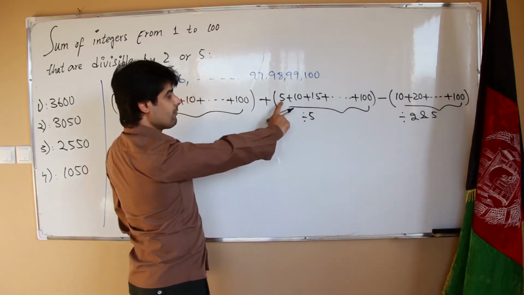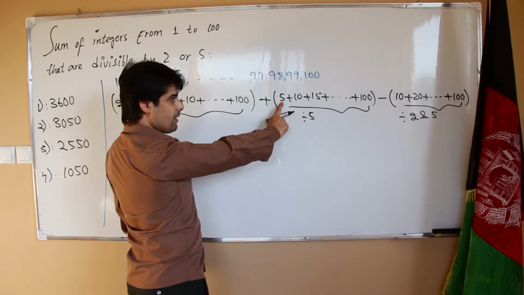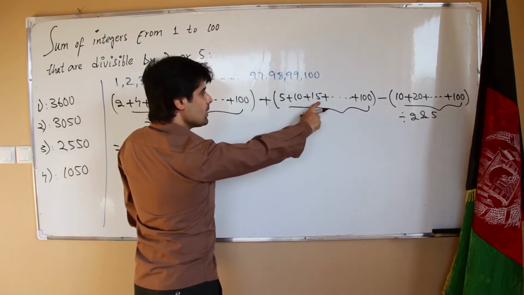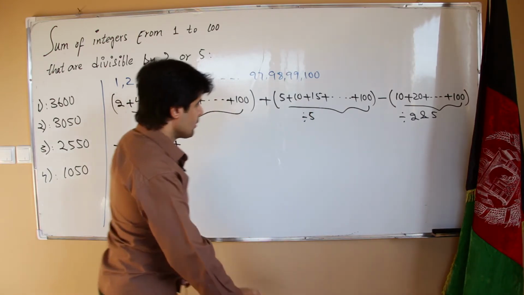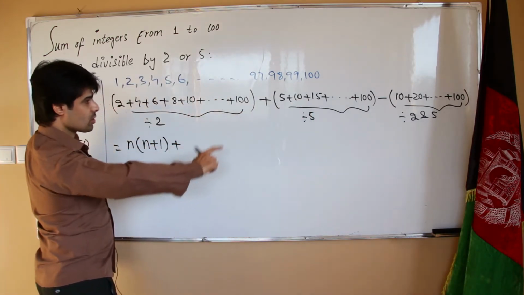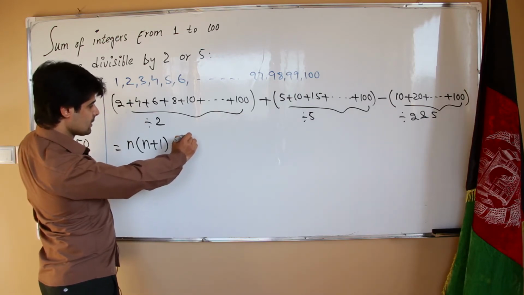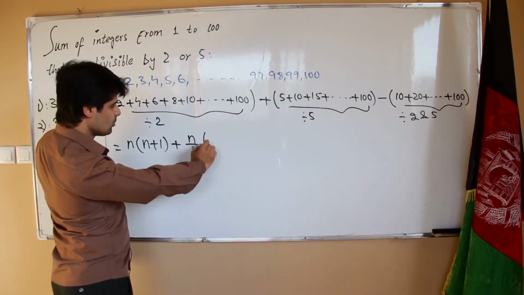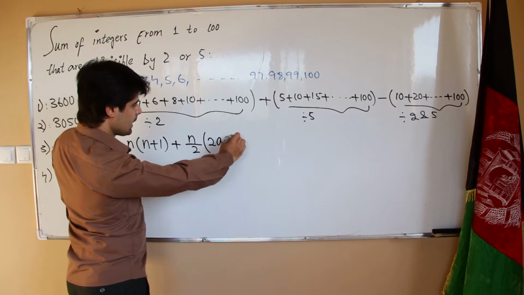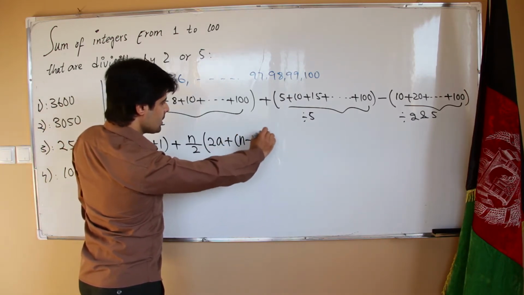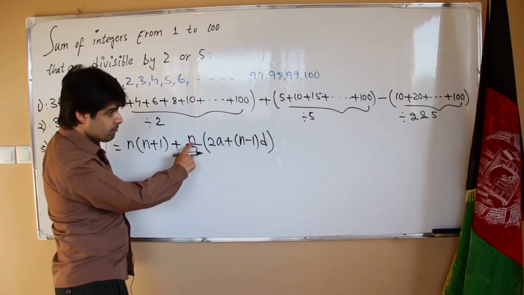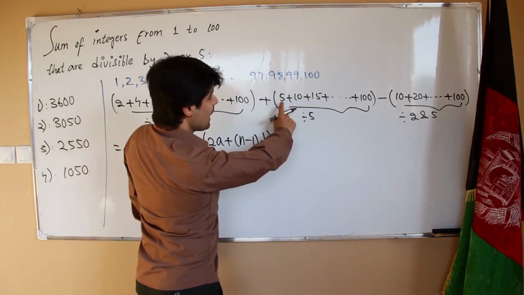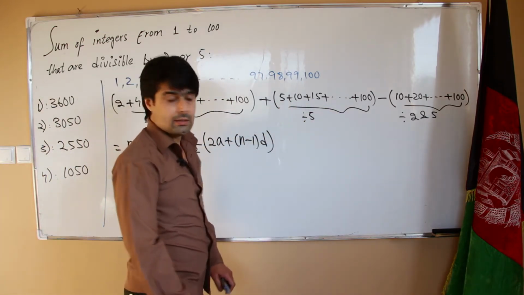Why? We have first term is 5, and the difference between every term is 5. I mean, the summation for this AP is n divided by 2 times 2a plus n minus 1 d. What does this n mean? This n means the terms which we have from 5 to 100.